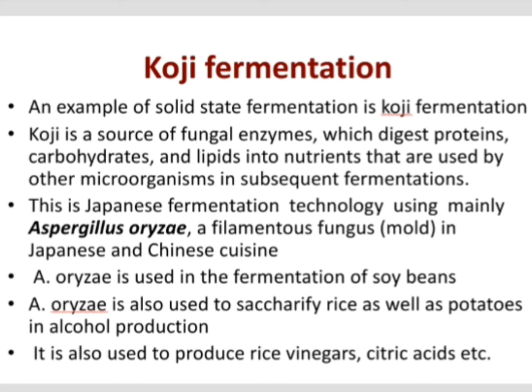They are using it to saccharify rice as well as potato for alcohol production, and they are using the same Aspergillus oryzae to produce rice vinegar, citric acid, etc. So with this Koji, that is this Aspergillus oryzae, they are making so many fermented products, and mostly all those things are food items. So that is Koji fermentation, which is very popular in Japan. So it is an example of solid state fermentation.